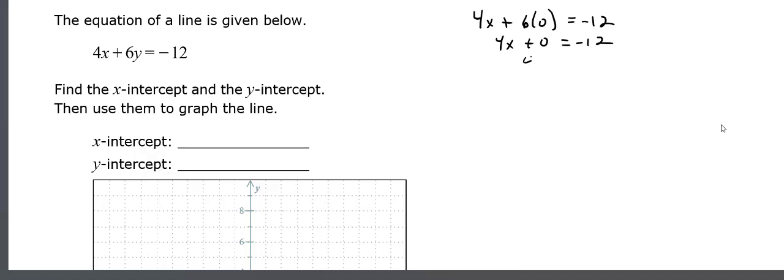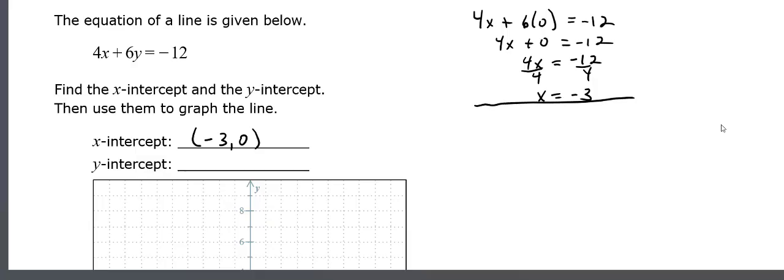So that gives us 4x equals -12, and we're going to divide by 4. So x equals -3. So the coordinates of our x-intercept would be (-3, 0).